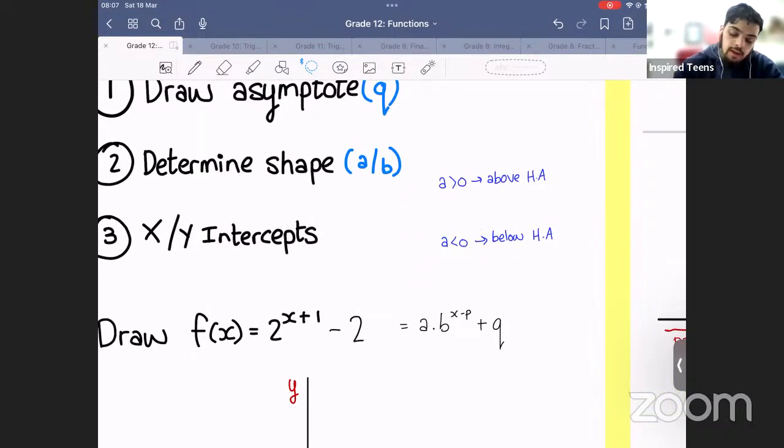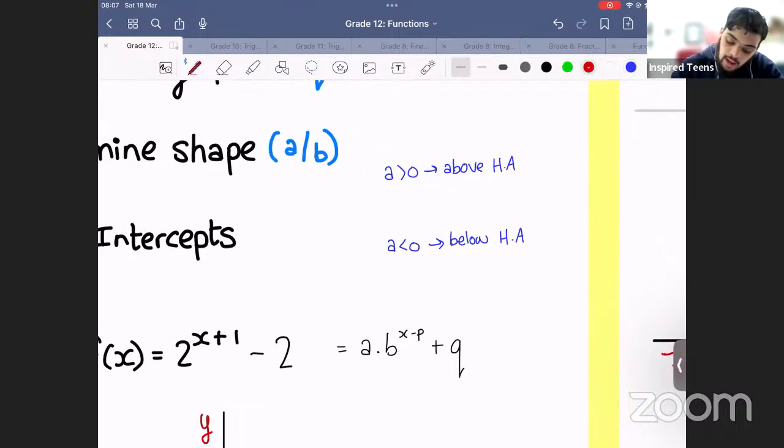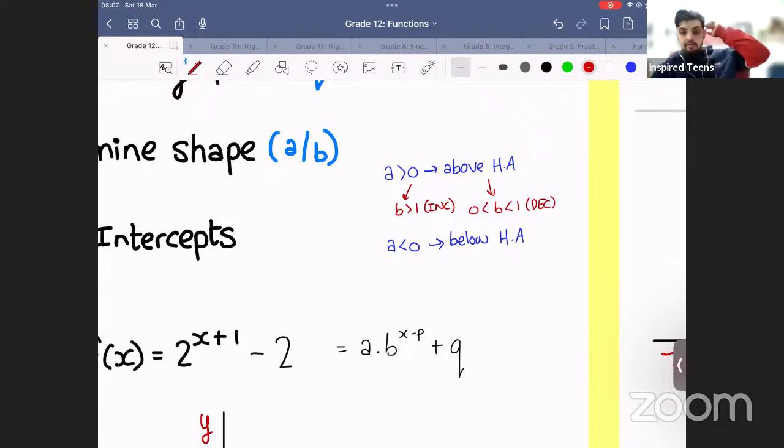When a is above, and b is greater than 1, this is increasing. But when b is between 0 and 1, this is decreasing. That's for when it's above.